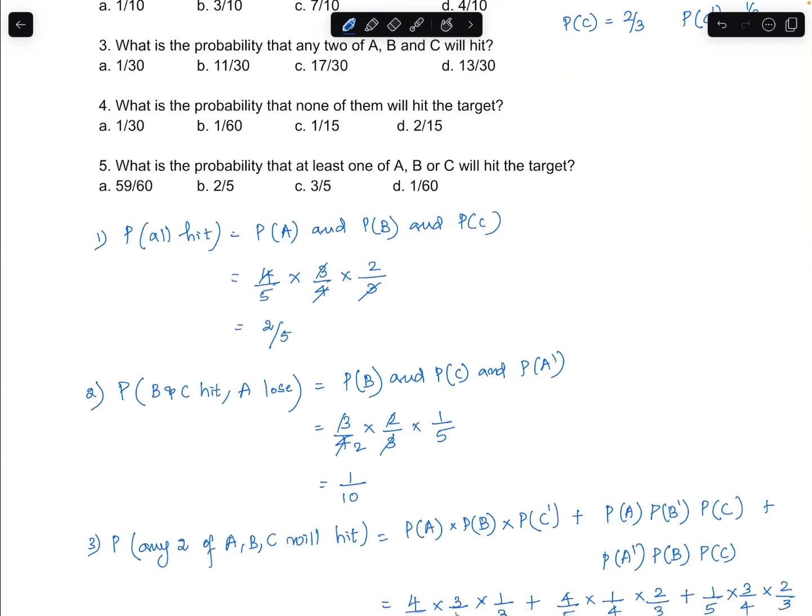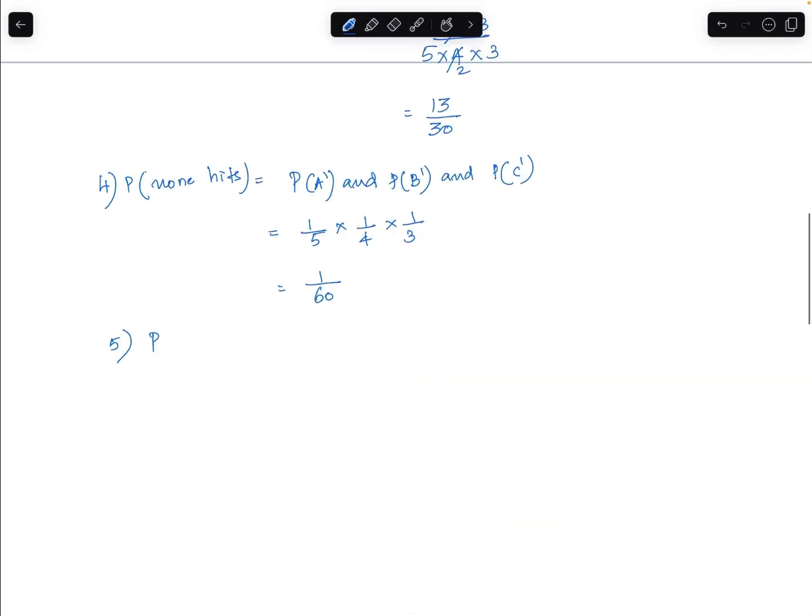Question number 5. What is the probability that at least one of A, B, or C hit the target? P of at least one hits will be equal to, out of all possible cases, only P of none hits will be odd man out.